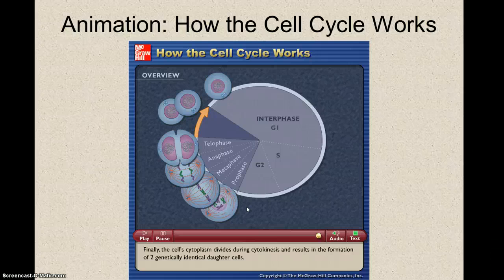And so, what people are doing is research using stem cells to see if they can use them to produce new cells in our body to replace diseased cells.